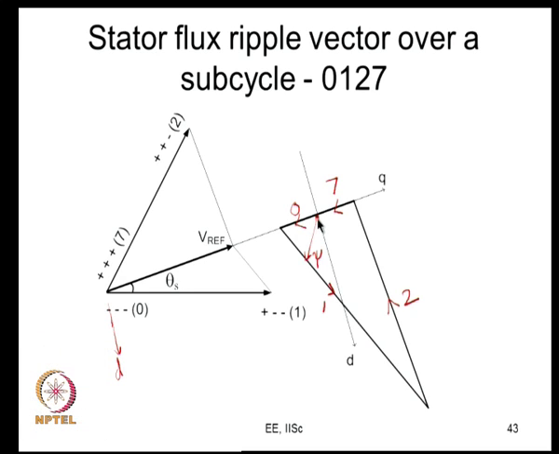So, it starts from 0 magnitude, its magnitude goes on increasing in this direction, then its tip moves along this direction, it reaches here, again the tip moves back, and finally here it goes back to 0. That is because volt second balance has been maintained. The error voltage vector averaged over a subcycle is actually 0. So, the integral of the error voltage vector starts from 0, ends in 0. So, this is what happens when you apply 0, 1, 2, 7, right.